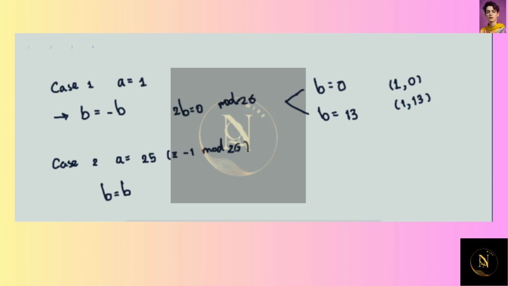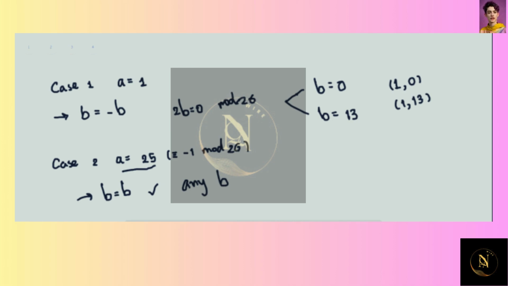For the second case, if a is minus 1, then the second relation will give us that b equals b, which is true for any b, right? That means in this case, any b will work with this a.